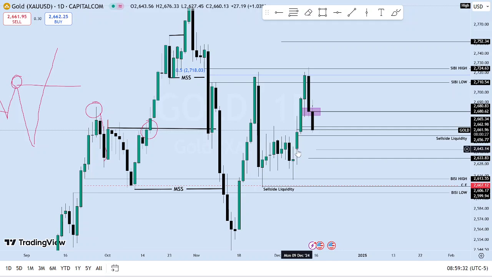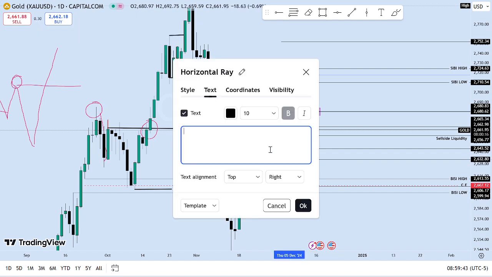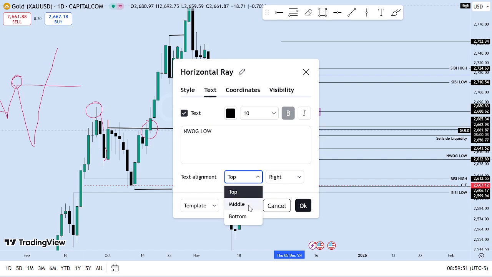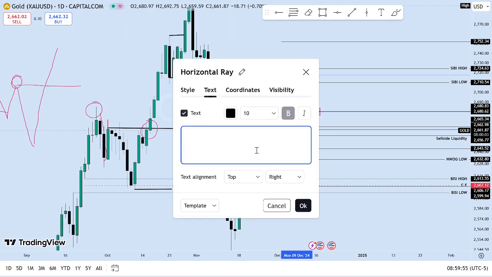On Monday, here becomes the high of the new week opening gap, while the Friday close becomes the low of the new week opening gap. The high, new week opening gap high.